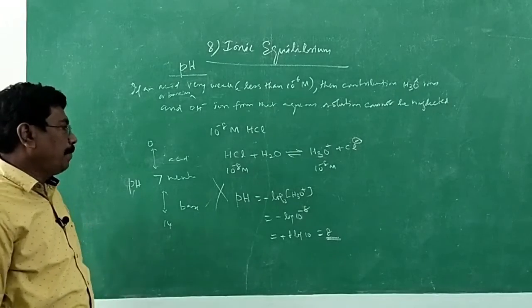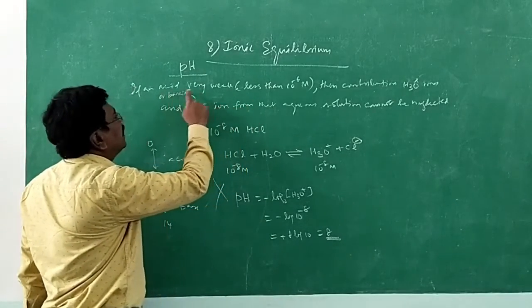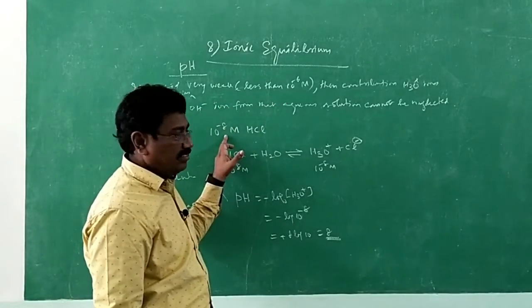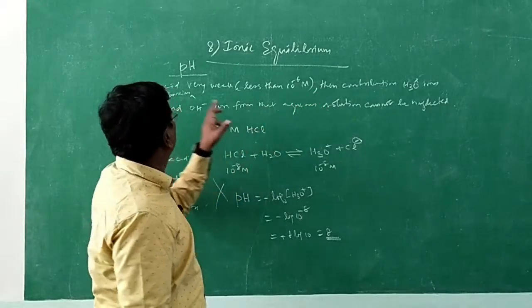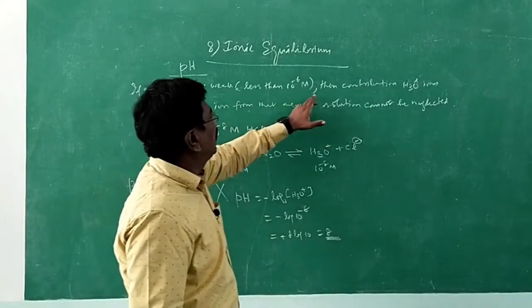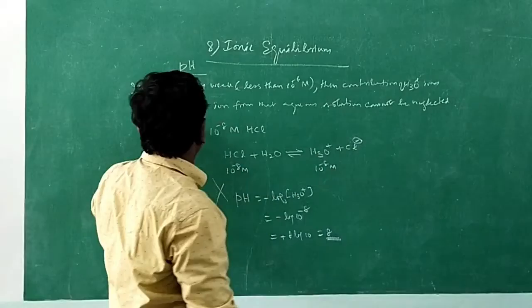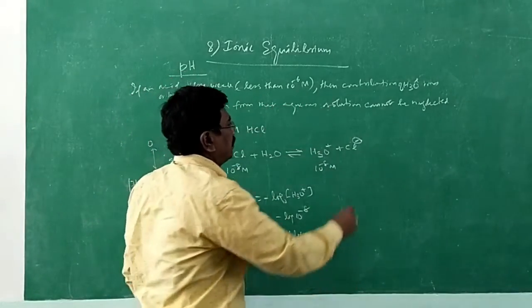Why? The acid is very weak, less than 10 power minus 6 molar. Therefore, if an acid or base is very weak, then the contribution of hydronium ions and hydroxide ions from that aqueous solution cannot be neglected.